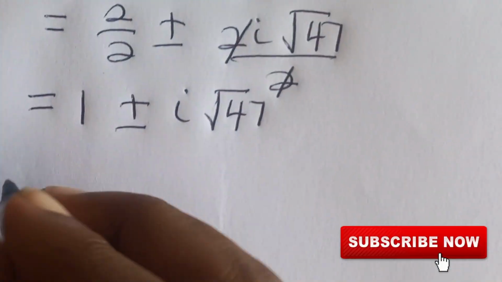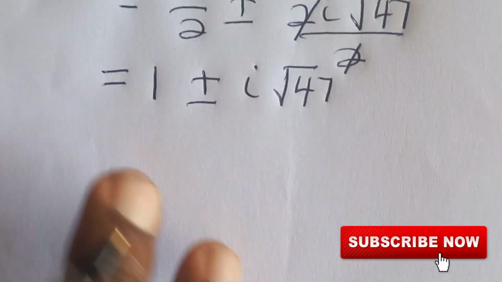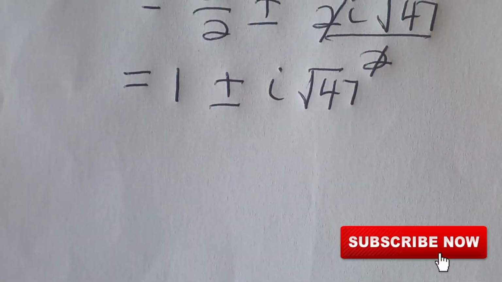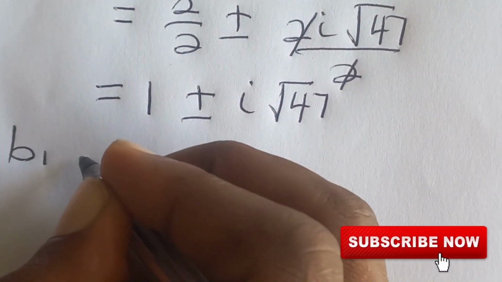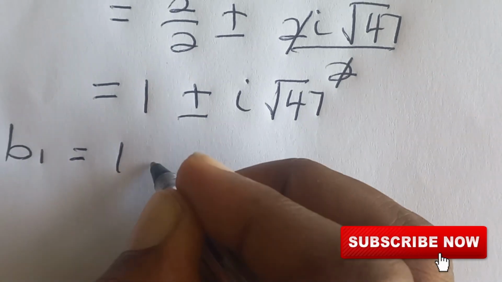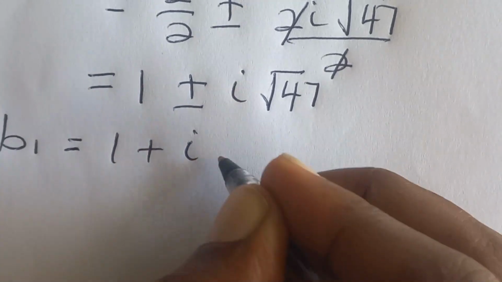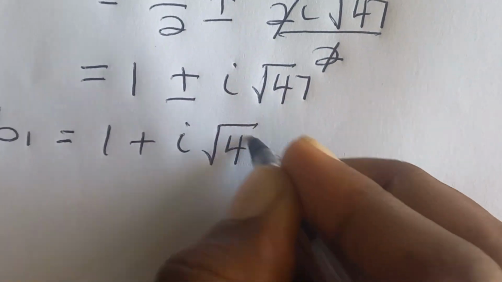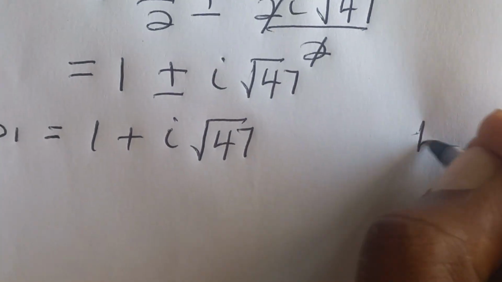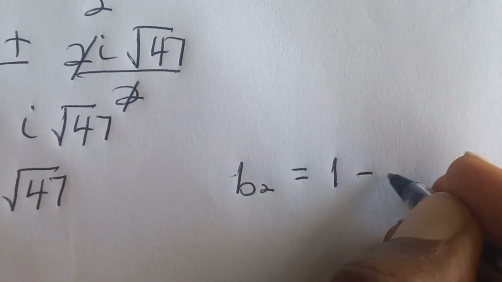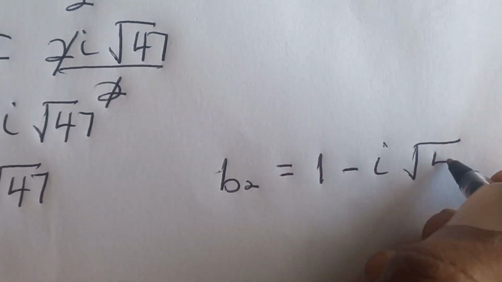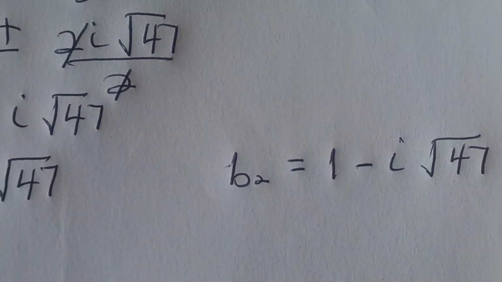Okay, so you can say that for our b we are having two cases. So we have b1, which is equal to 1 plus i square root of 47, and then b2 to be 1 minus i square root of 47, like this.